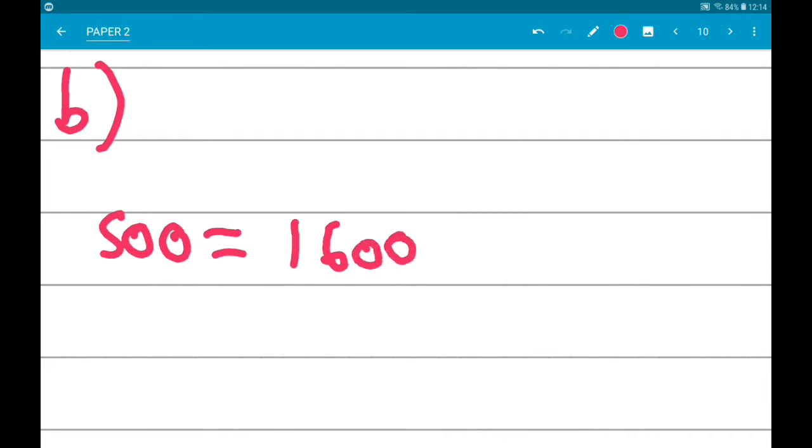Now x is 800, so this is minus 800m minus c. And then in the second part, a loss of £80 is a minus 80 profit.